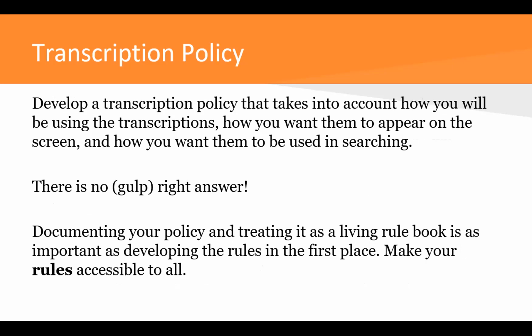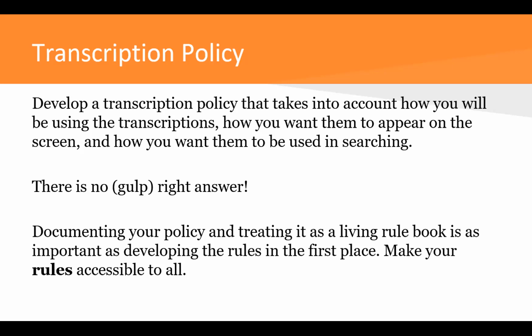The middle sentence in the slide is important to remember. There's no right answer. You need to be consistent in what you do, but this is something that is going to be unique to your edition.